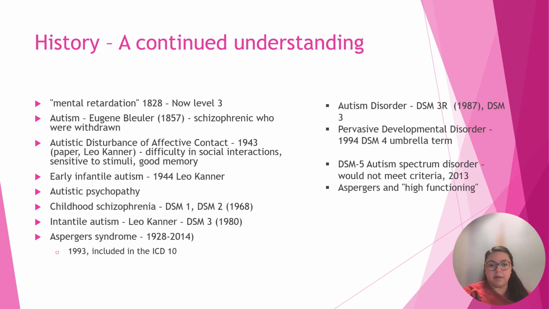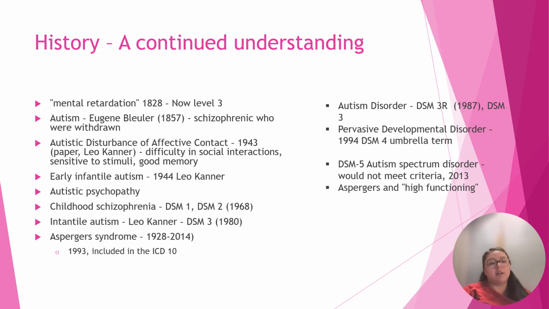All right, so here we have a continued understanding and history of how autism has been understood, defined, and the different words that have been used to describe this set of symptoms. This is interesting, right? The history, this is of course outdated, which is why I have it in quotations.